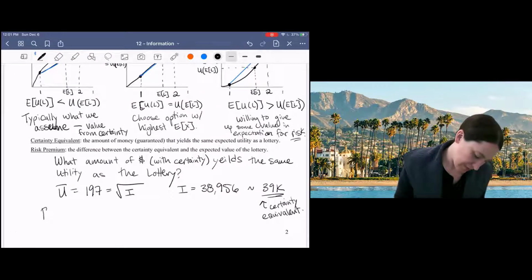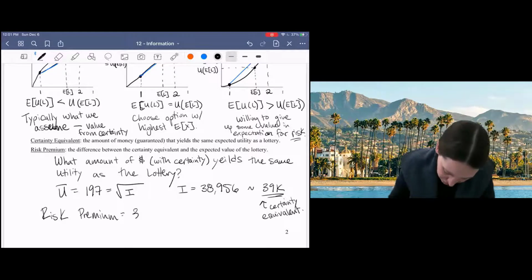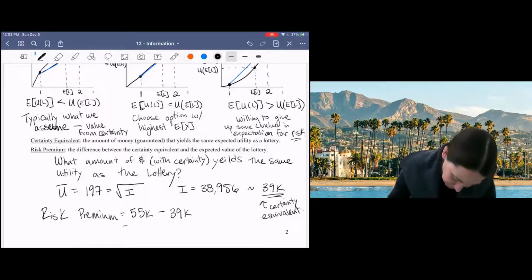All right, so our risk premium is 55,000, our lottery's expected value, minus 39,000. So we get $16,000.